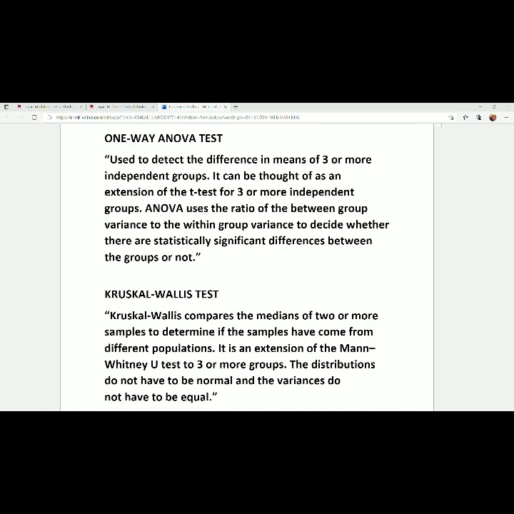If you're comparing the average of three independent groups and the dependent variable is scale and the independent variable is nominal, you would use the parametric test of one-way ANOVA, and the non-parametric test would be the Kruskal-Wallis test.